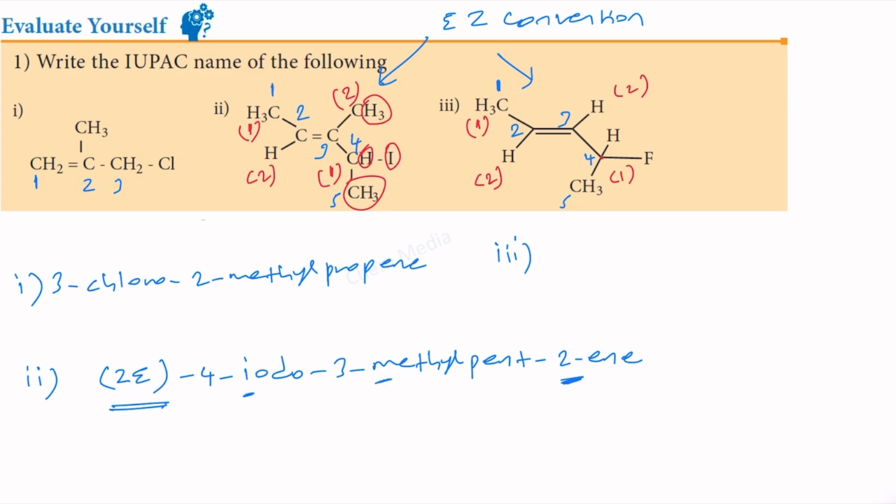Once again, the priorities are on the opposite side. That means E. Therefore, the IUPAC name for this molecule is 2E once again, 4-fluoro-pent, because we have 5 carbon atoms in the parent chain, 2E. That's the correct IUPAC name for this molecule.